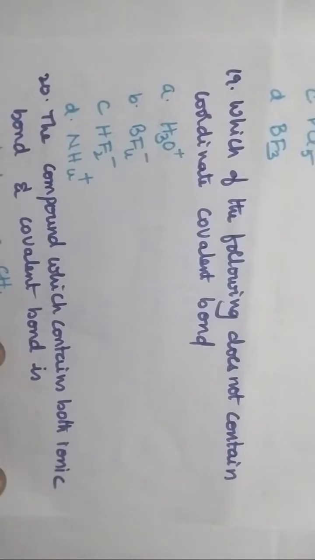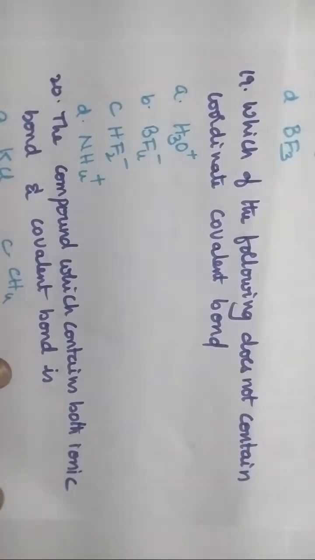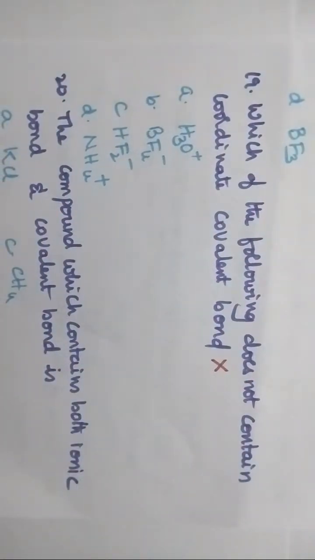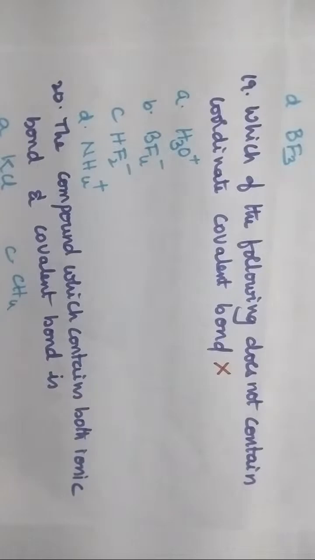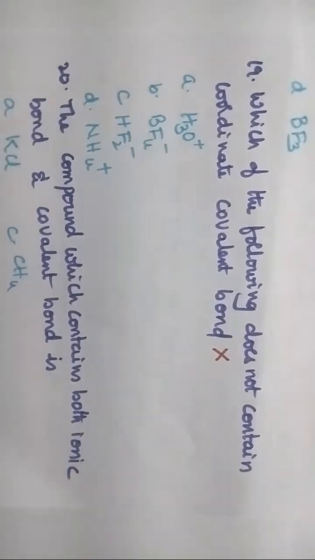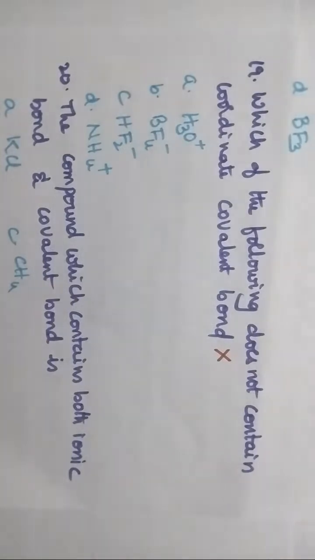Coming to the 19th question. Which of the following does not contain coordinate covalent bond? So, in which of the following compounds no coordinate covalent bond is present? Identify in which of the following coordinate covalent bond is absent.